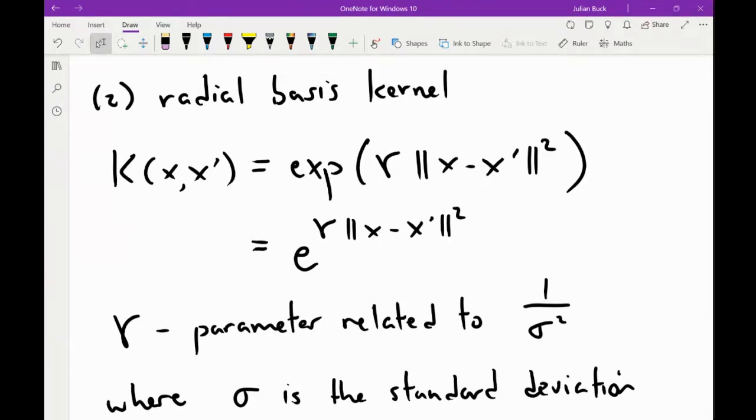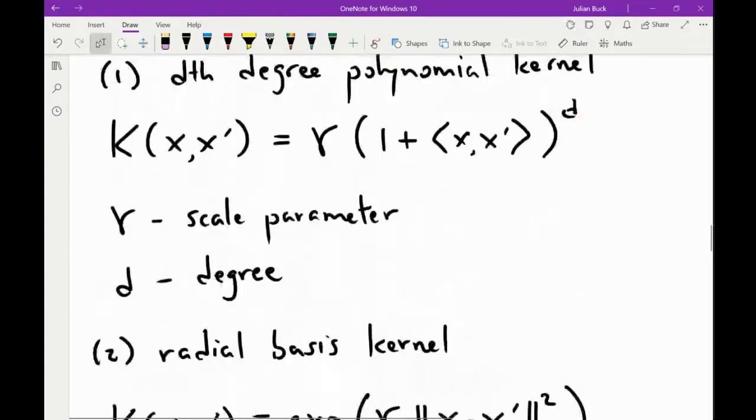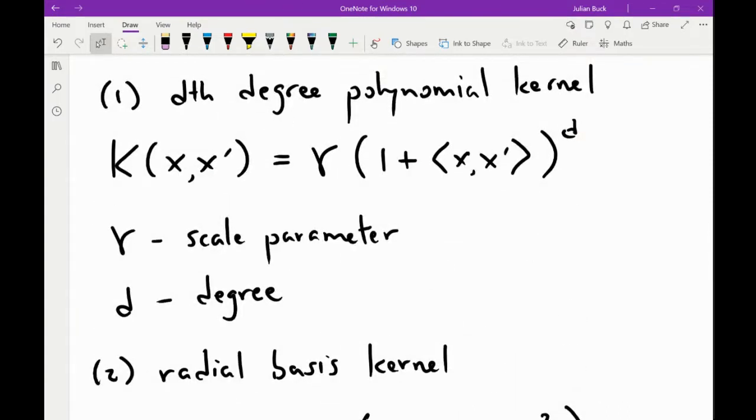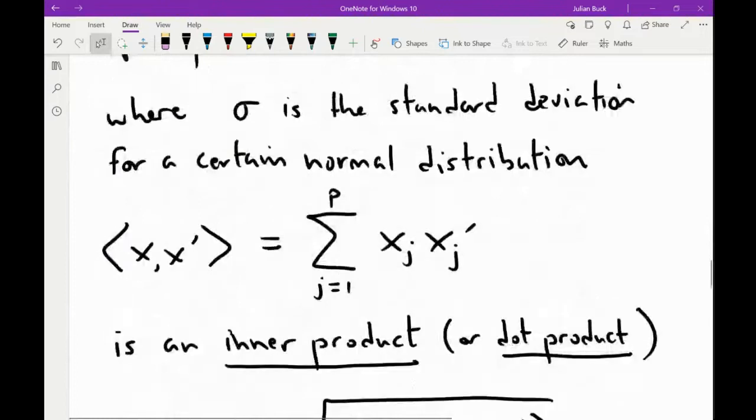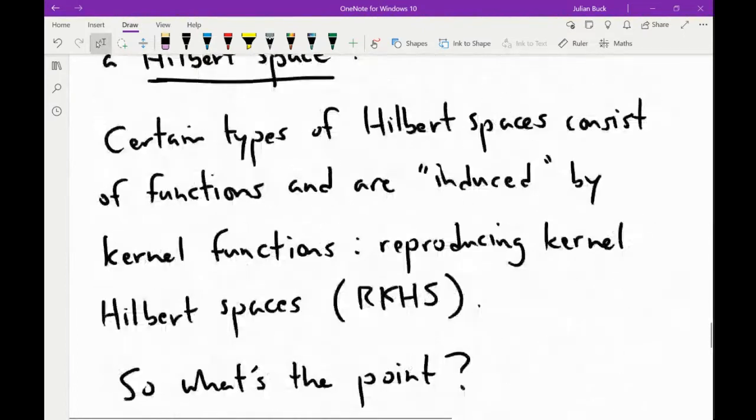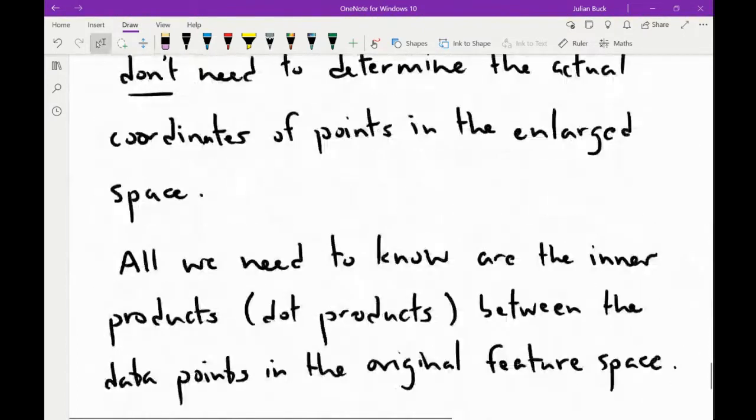It's not like you're taking a bunch of exponentials as you go. Similarly, with the dth degree polynomial, you compute the inner product, a bunch of multiplications and additions, and you take a single power, whatever d is. That's not hard either. So doing these computations for these kernel functions is computationally very straightforward.